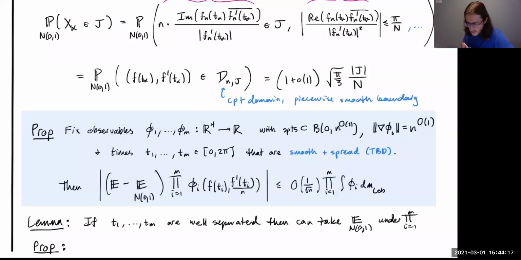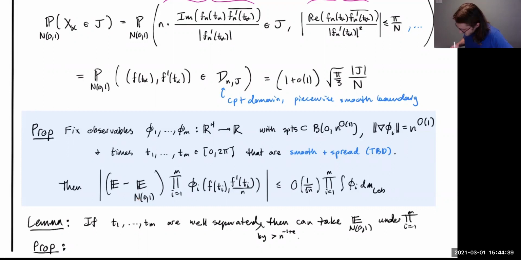And again, I'm not telling you what I mean by separated. What it really means is by at least n to the -1 plus epsilon. At scale 1 over n, obviously it correlates. But as soon as you're a bit further away, then the curve behaves independently.